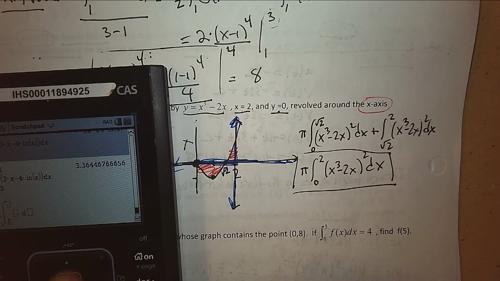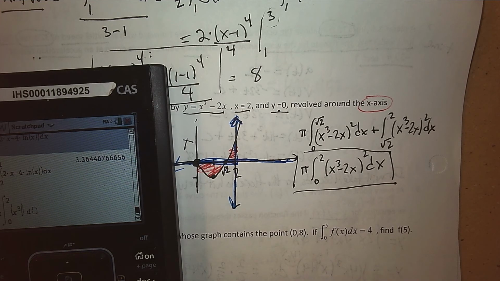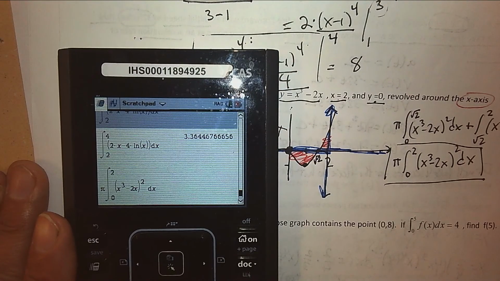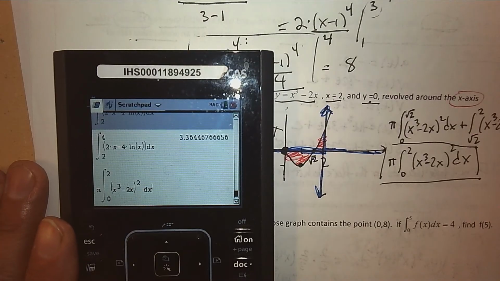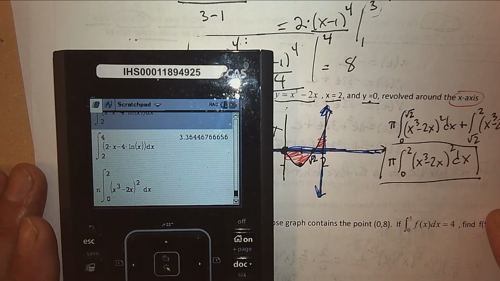So I'll type it in and then I'll show it to you. So it's pi integrating from 0 to 2, x cubed minus 2x, squared, that's pi r squared dx.